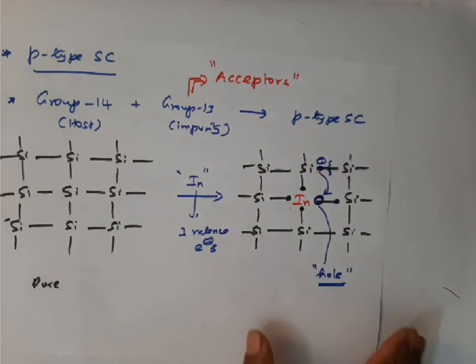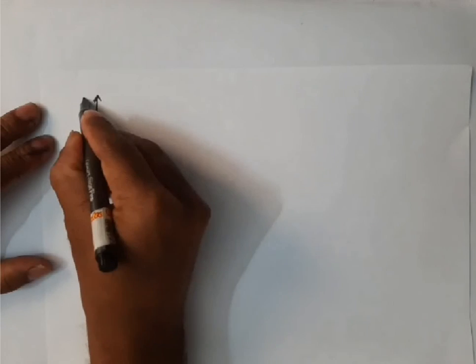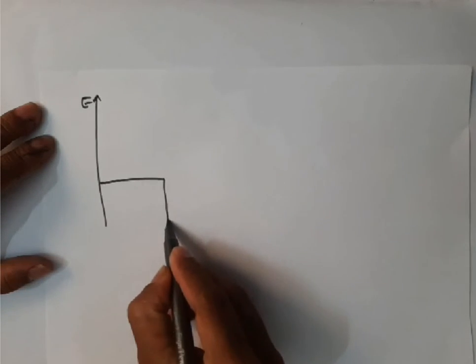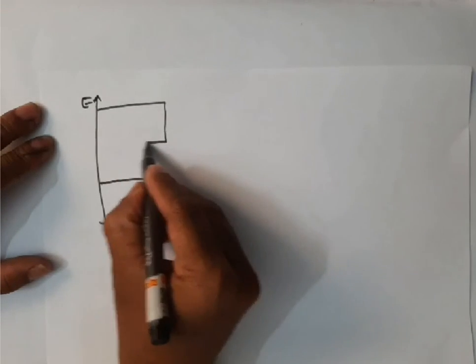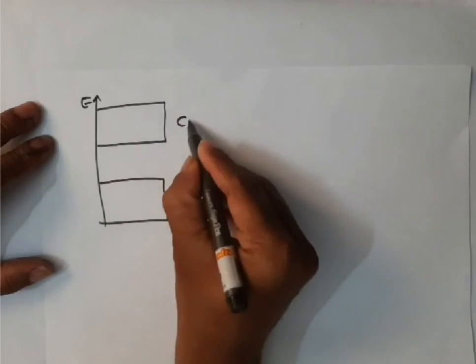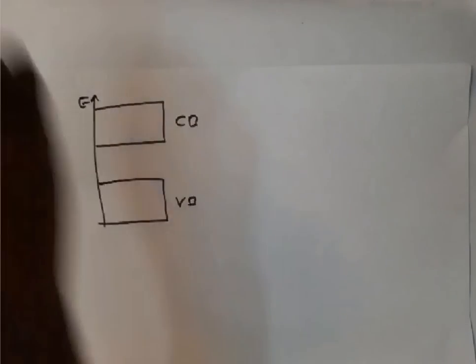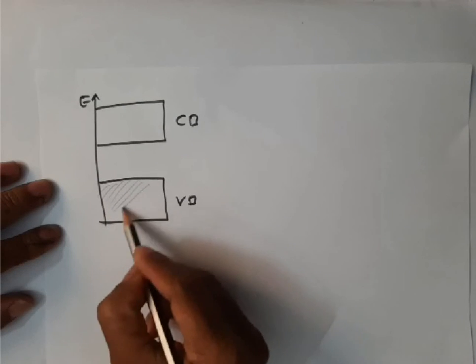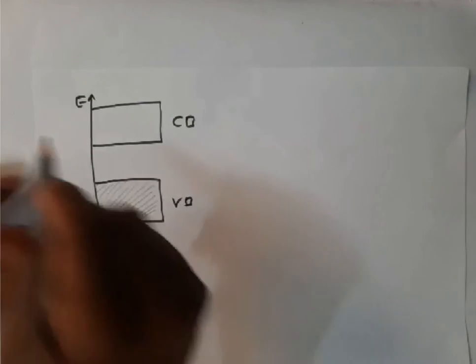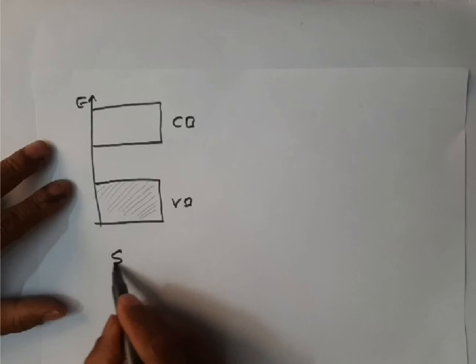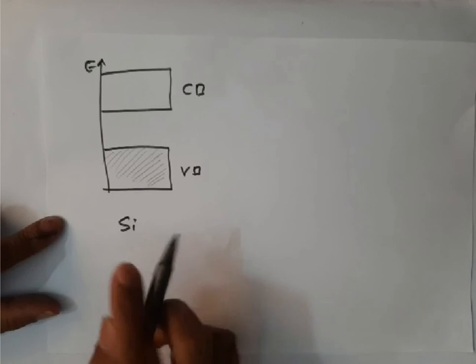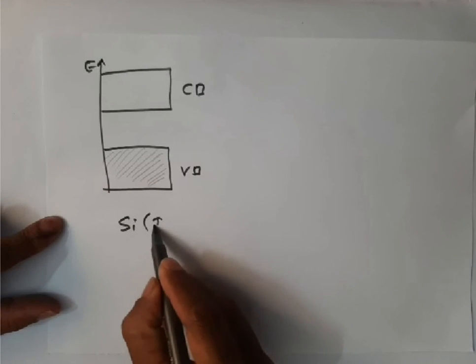Okay, let me show you in the band structure. In the band structure, if you arrange energy, this is the valence band and this is the conduction band. As I told you before, the valence band is fully filled. I'll take a silicon crystal and dope silicon with indium impurity.